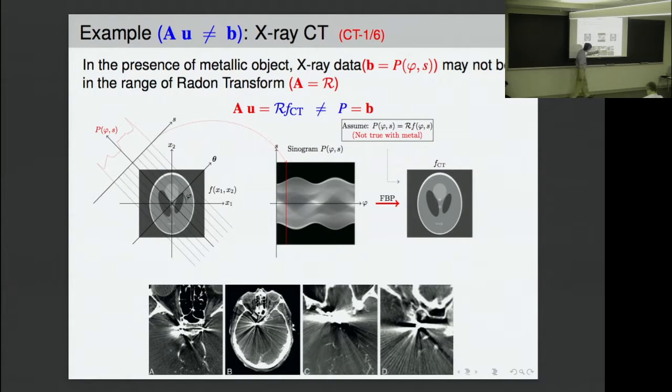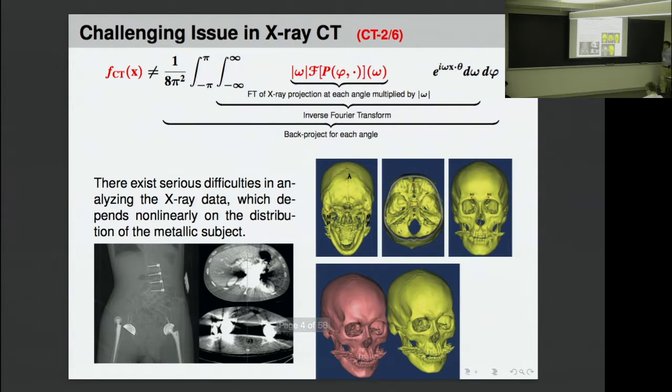So here is the result when the human body contains metal. In the United States, more than 20% of patient CT scans contain metal. In the head, more than 90% of people have metal. The issue is that, with the filtered back projection algorithm, a typical Nobel Prize winning method, how can you reduce the metal artifact?